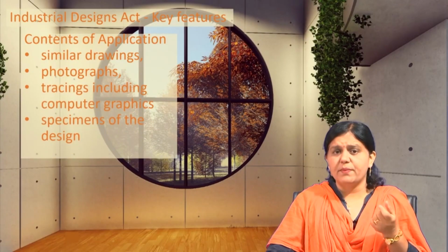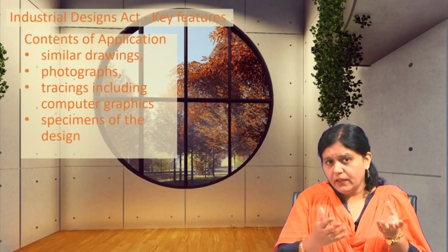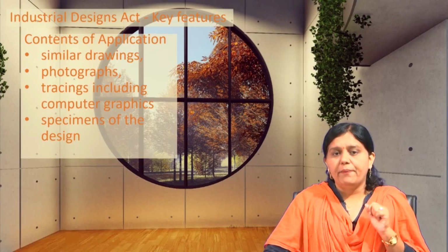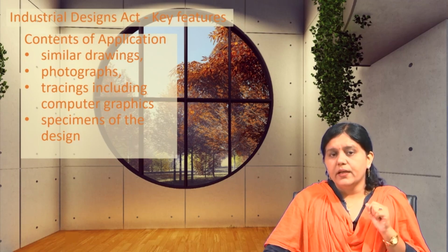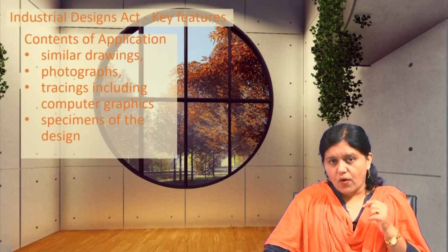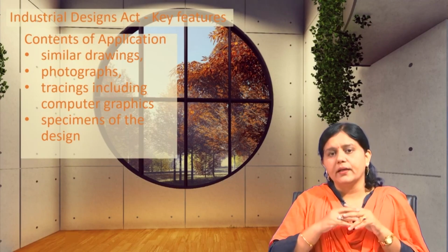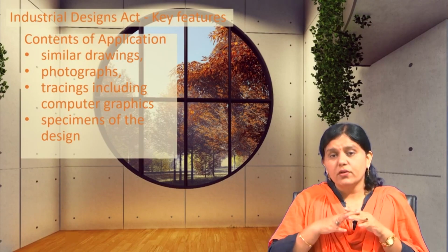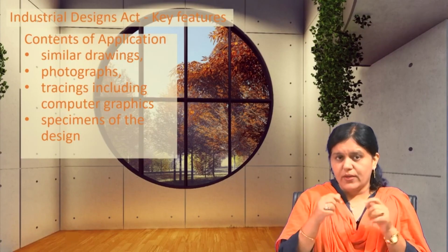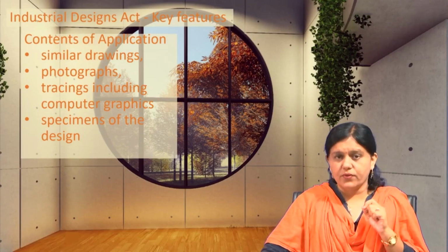So, these 4 types may be there when you are talking about an application. Here, you will probably give in the representation sheet the drawings related to that particular article, or you may give a photograph directly. Maybe you can take a photograph and give that photograph.